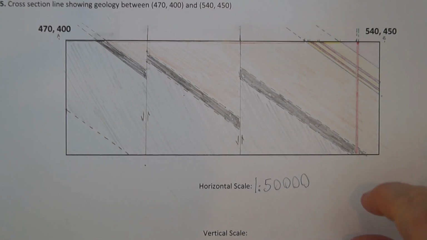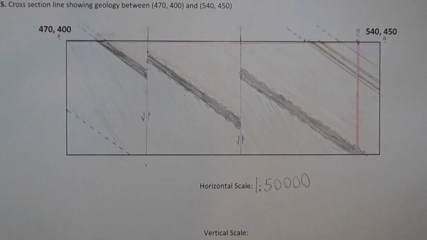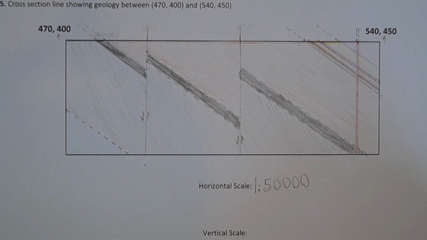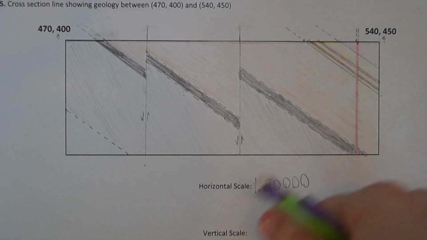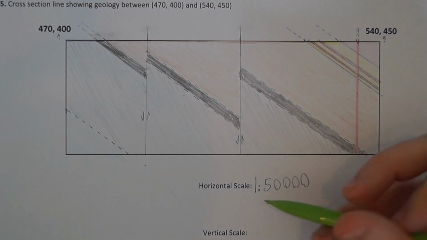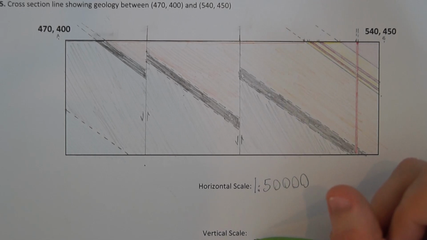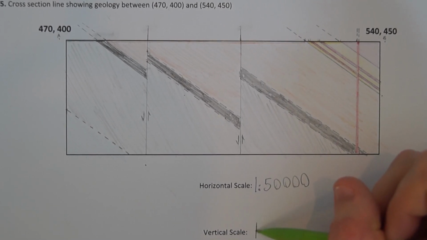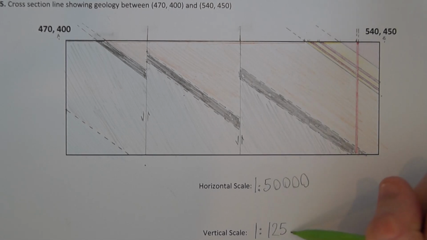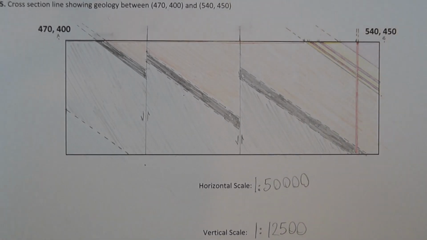For every unit, we're seeing 4 times less than compared to the horizontal scale, if that makes sense. We started with a horizontal scale and then we stretched it by a factor of 4. So our vertical scale is simply 50,000 divided by 4, which comes to 1 to 12,500.